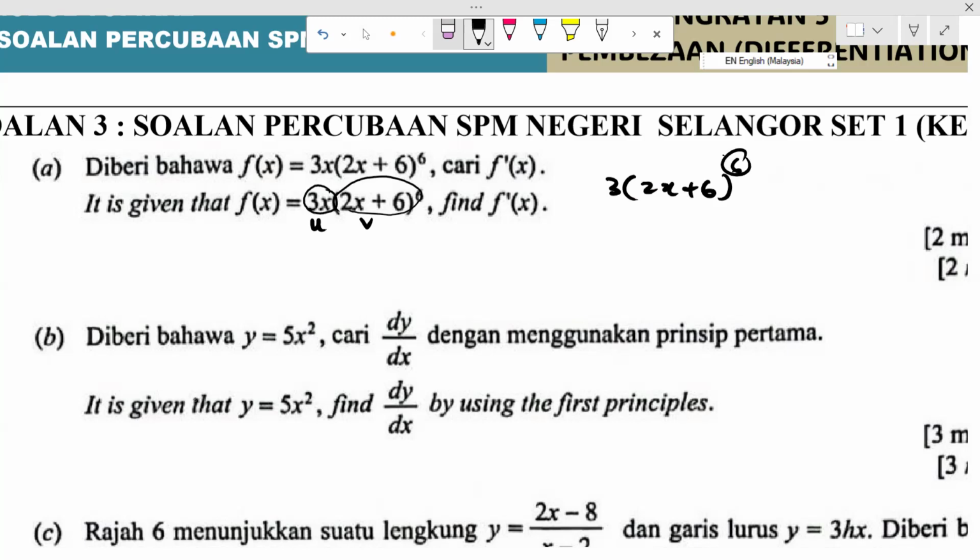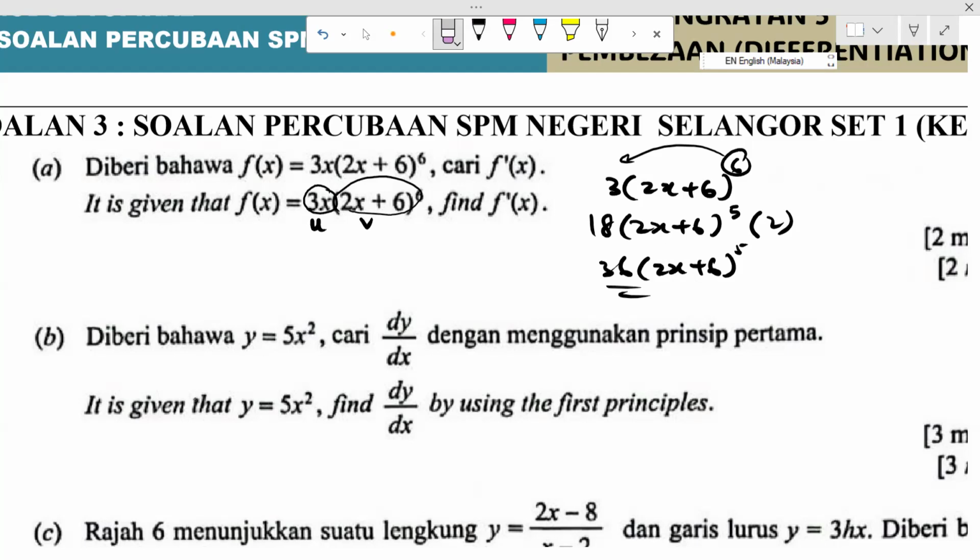You can just bring this down and multiply. So you have 18, 2x plus 6 to the power 5, and then 2. Then you got 36. Okay? This is when it is the coefficient 3 in front. But this is not the case. I think you're confused here. That's how you got 36. Right?